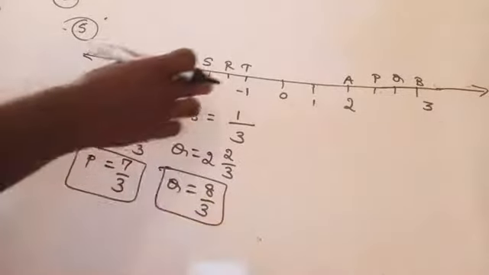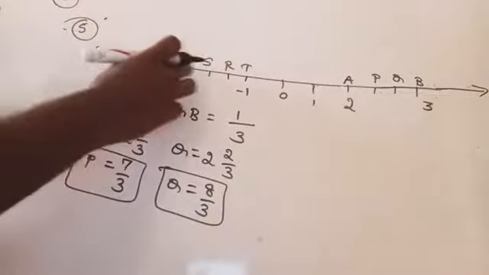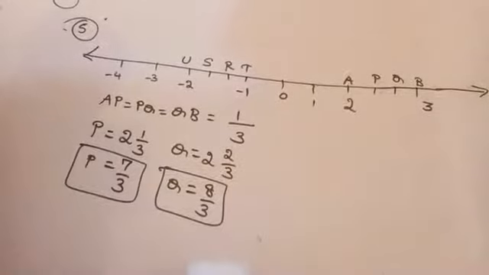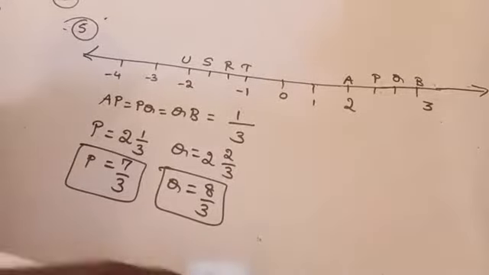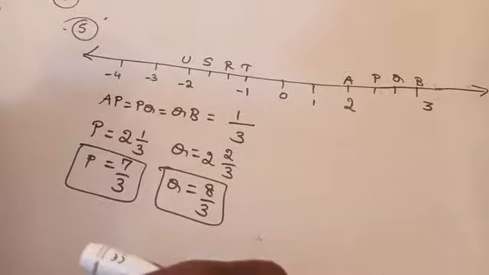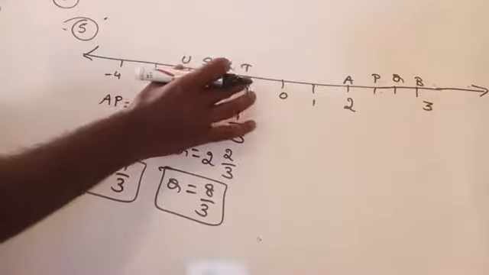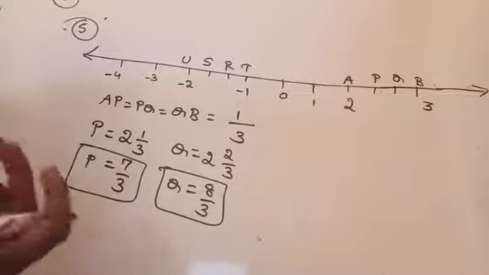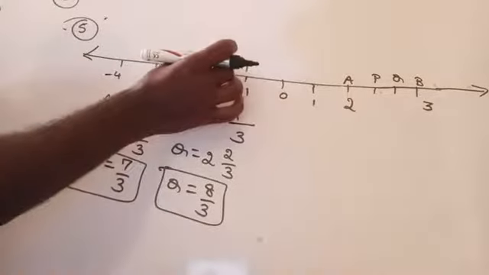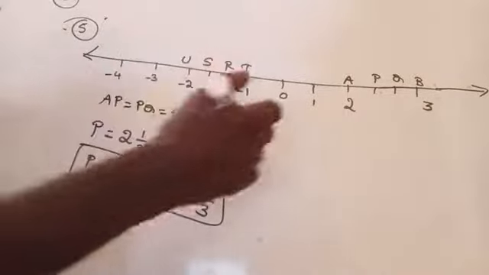Now, look at this one. Between U and T, how many units? Only 1 unit. The distance between U and T is 1 unit. Now, this is divided into how many parts? 3 parts: TR, RS and SU.